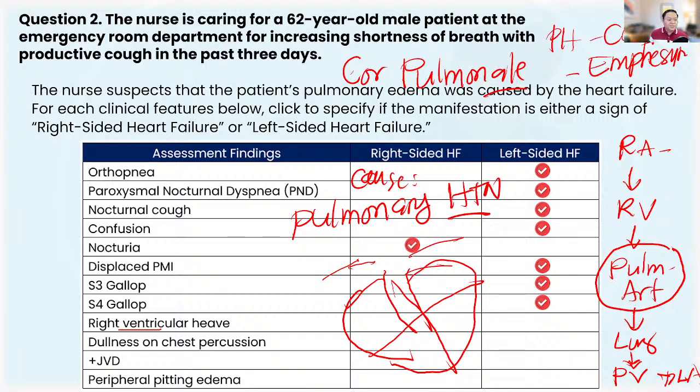Okay, so the right ventricular heave here is going to be assigned to the right side of the heart, because when we are talking about the right ventricular heave, this is basically caused by the pulmonary hypertension, which is towards the right side of the heart.